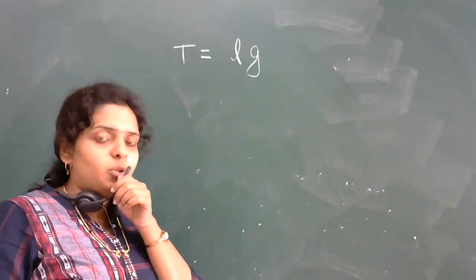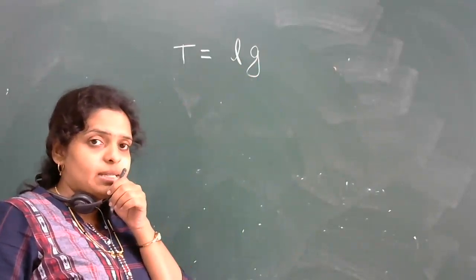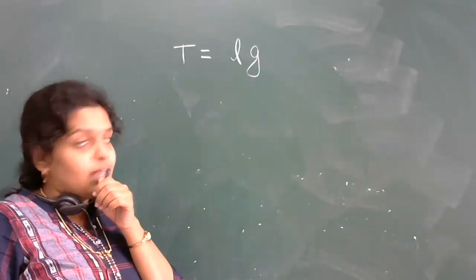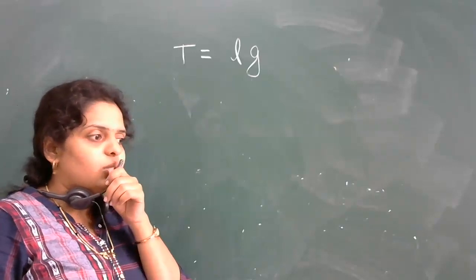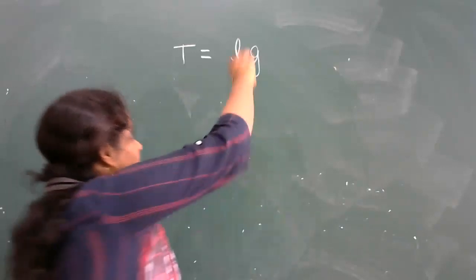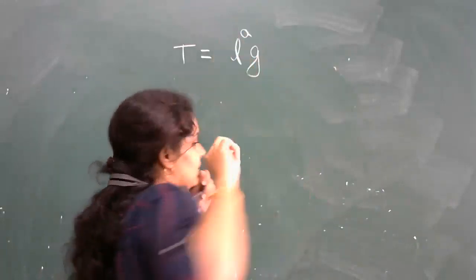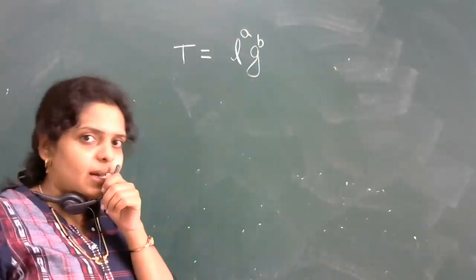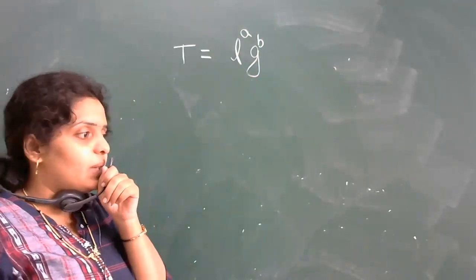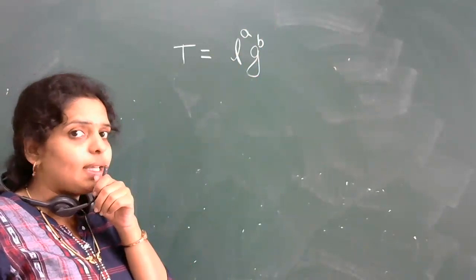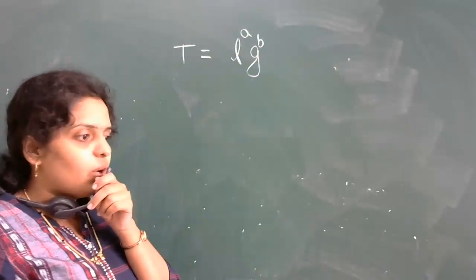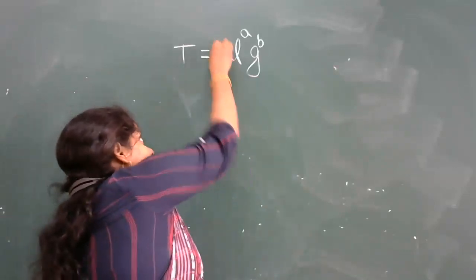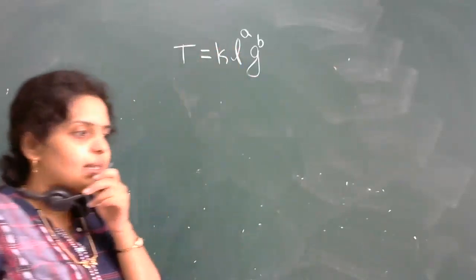You don't know whether the power is 1, 2, 3, or minus 1, minus 2. You don't know what is given, right? So what you can do here is, since nothing is given, I'll take L to the power a, g to the power b, that is, T is equal to K L^a g^b.